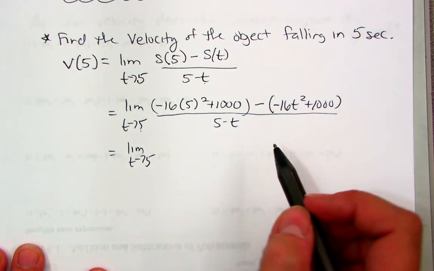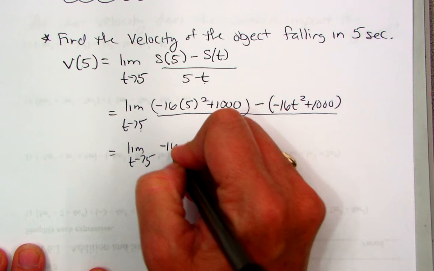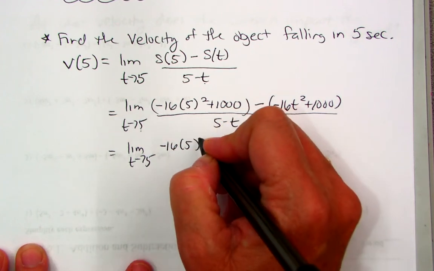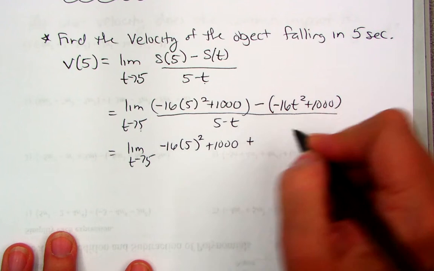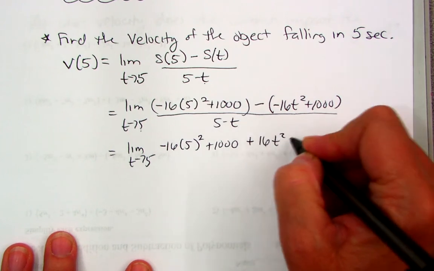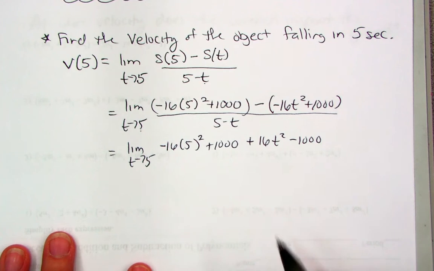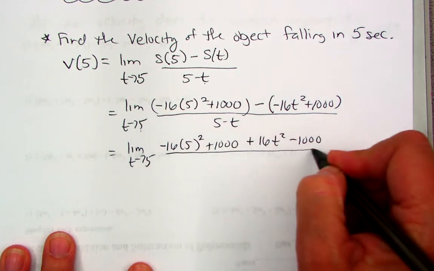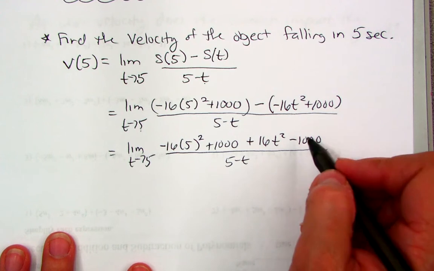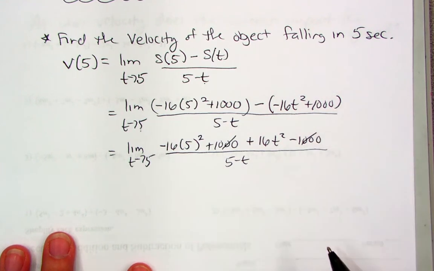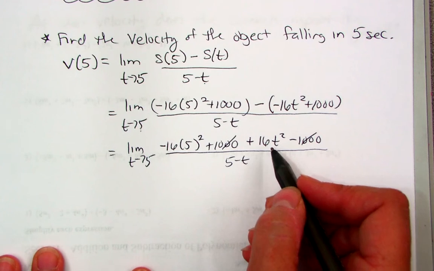So let's see what we can do. Let's go ahead and distribute. Up here in calculus, sometimes you move rather slowly in doing all your math, and you'll see what happens in these two problems. I can cancel out this, and let's go ahead and factor out a negative 16.